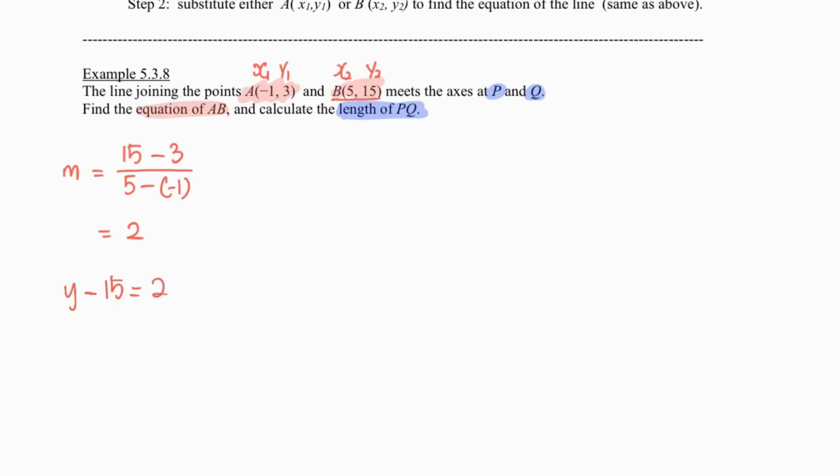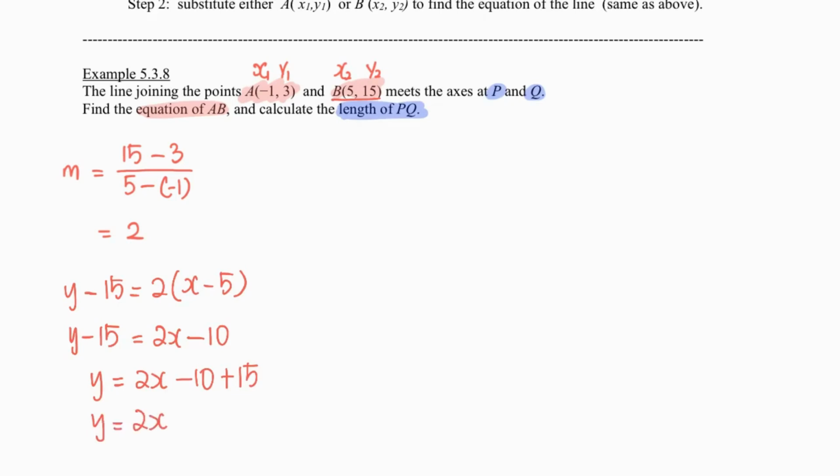So gradient is 2, x minus 5. This will be 2x, 2 times negative 5 is negative 10, and plus 15 on both sides. Positive 5. So we are done with part A of this particular question.